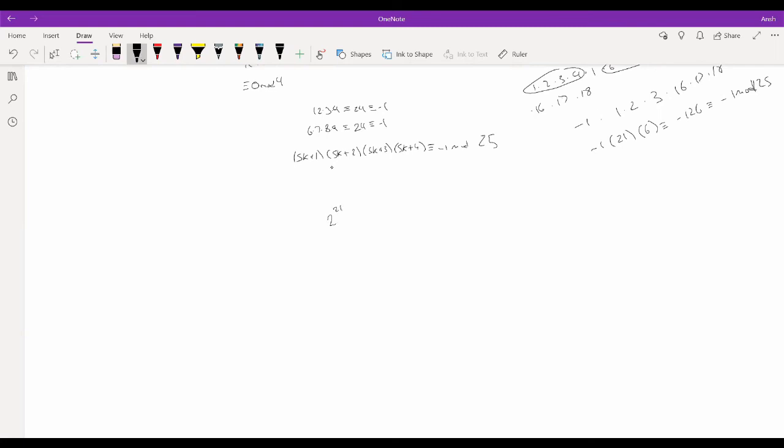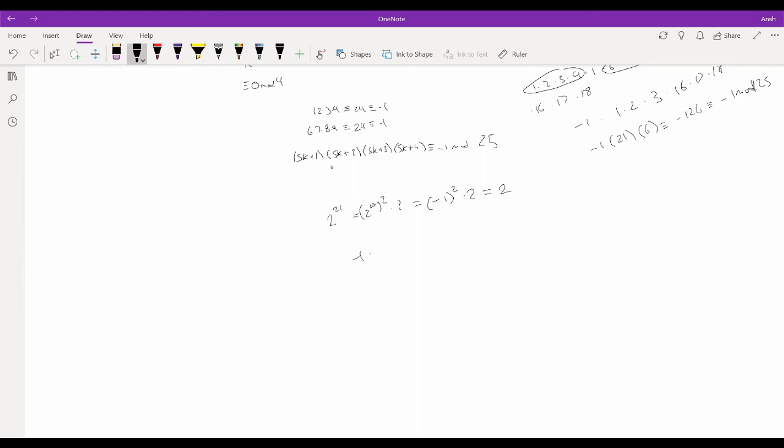But we can observe that 2 to the 10th power is 1024, which is -1 mod 25. So we can rewrite 2 to the 21st as 2 to the 10th squared, which would be -1 squared, times 2, which would just be 1 times 2, which is 2. So effectively, what we're trying to find is -1 mod 25 divided by 2.